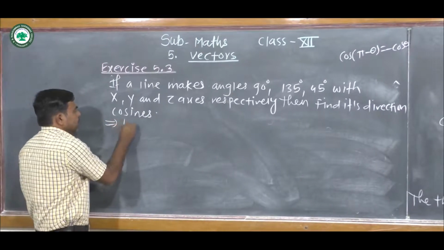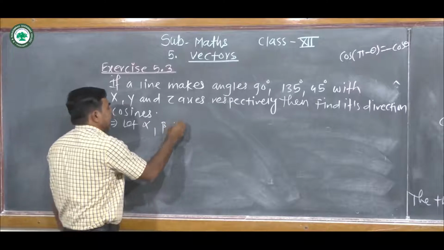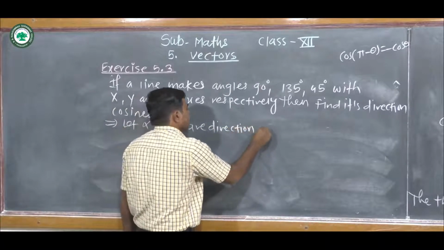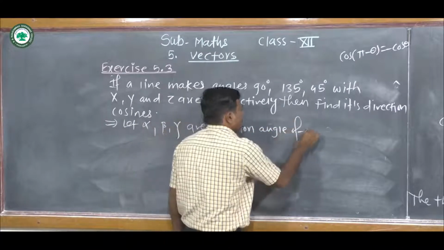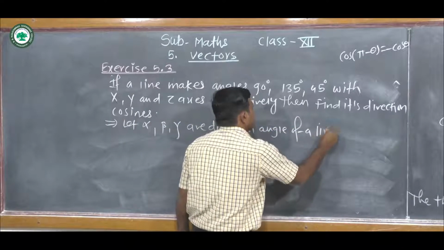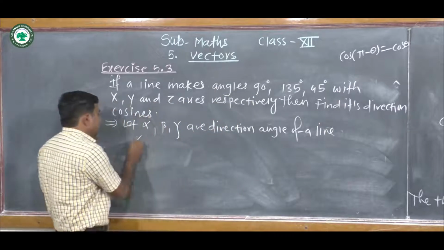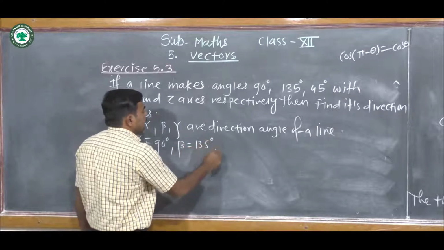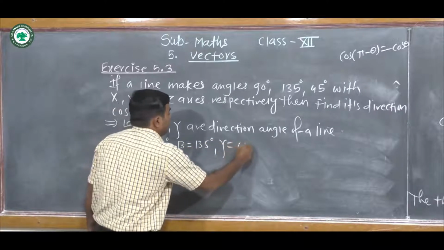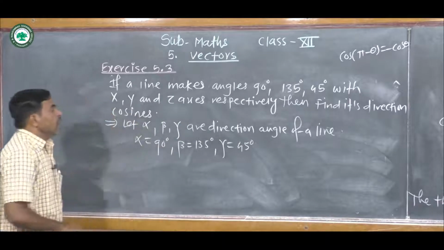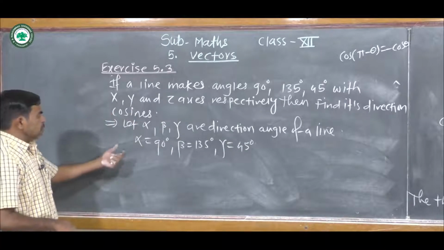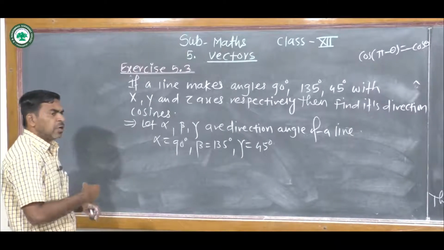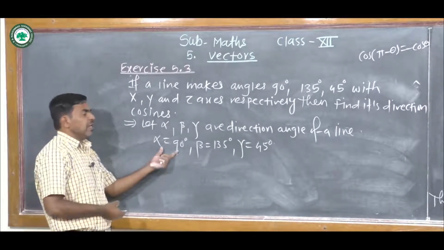See here, let alpha, beta, gamma be direction angles of a line. So alpha is equal to 90 degree, beta is equal to 135 degree and gamma is equal to 45 degree. Now we know that once we know alpha, beta, gamma, the direction cosines are nothing but the cosine ratios of these direction angles.